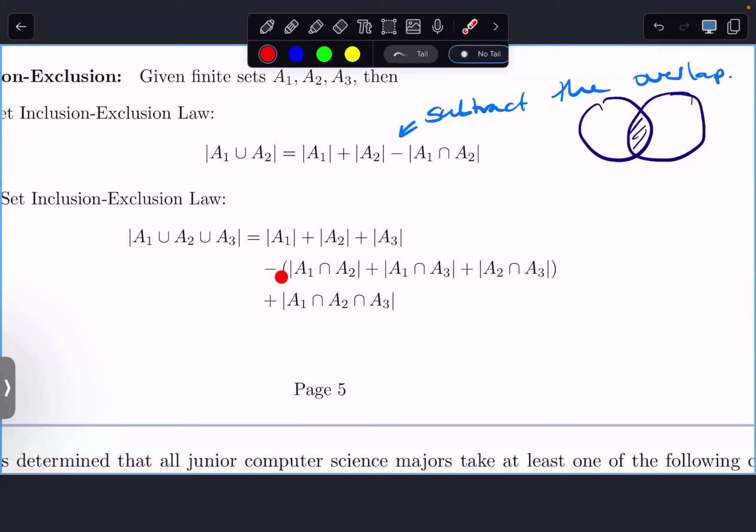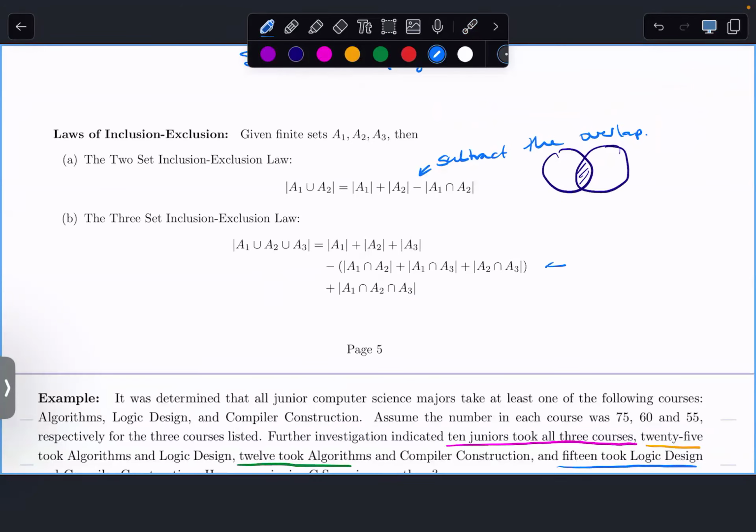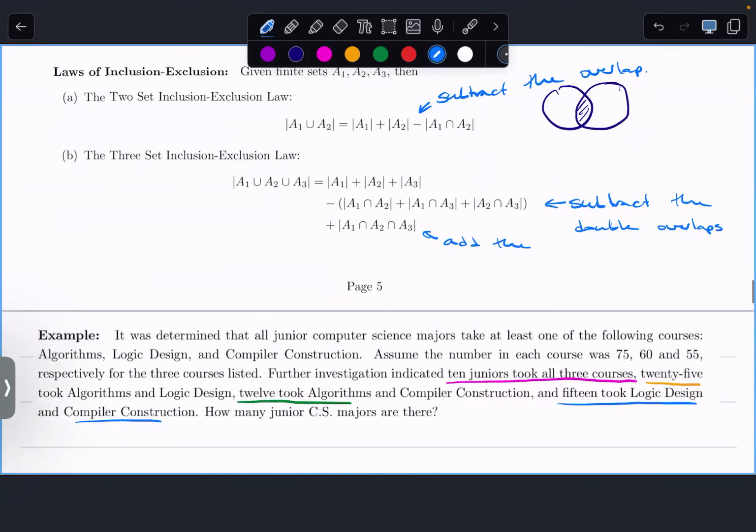And then you subtract the overlap, but now you're subtracting all 3 overlaps. Which means that, okay, that's good, but then you have to add back in that overlap in the middle. So here you subtract the double overlaps, and then add the triple overlap back in.